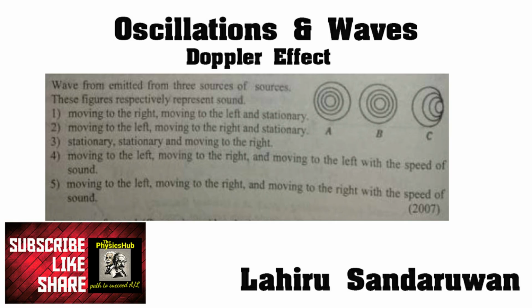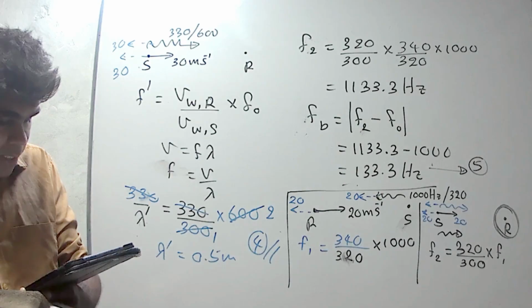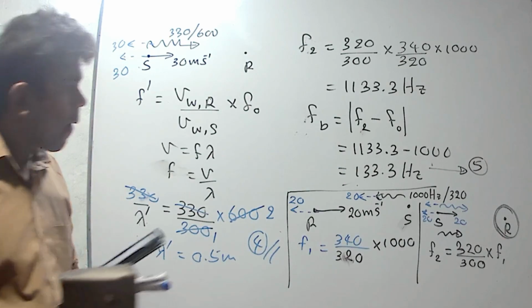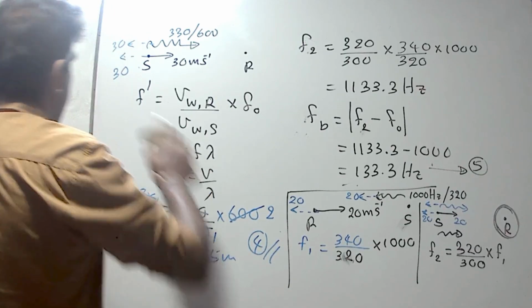The waveform emitted from three sources of sound. The figure separately represents the sound. We have to consider the movement of the three sources.